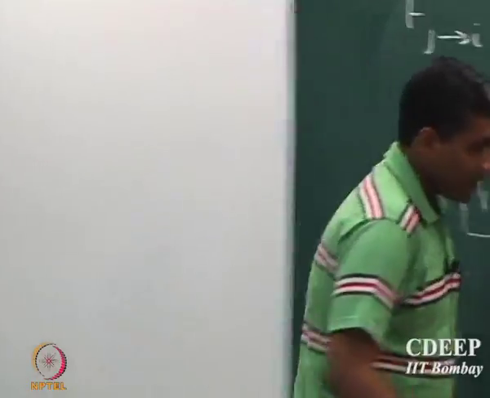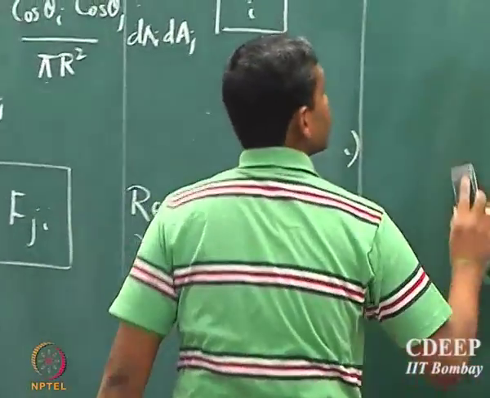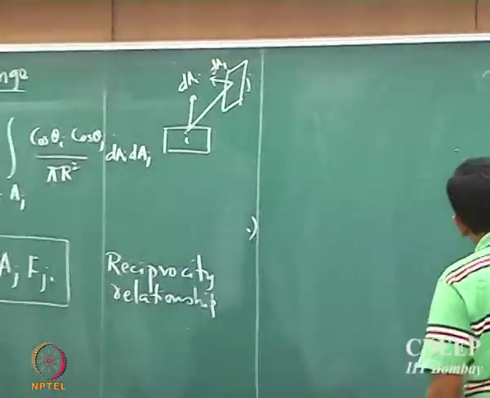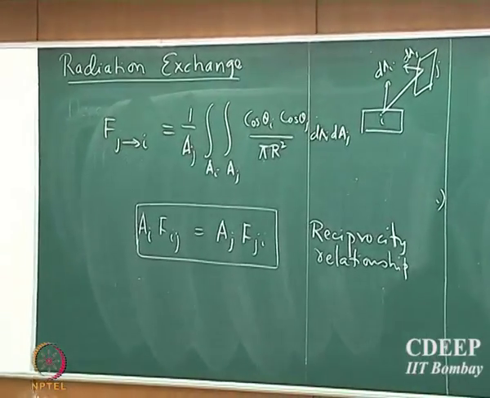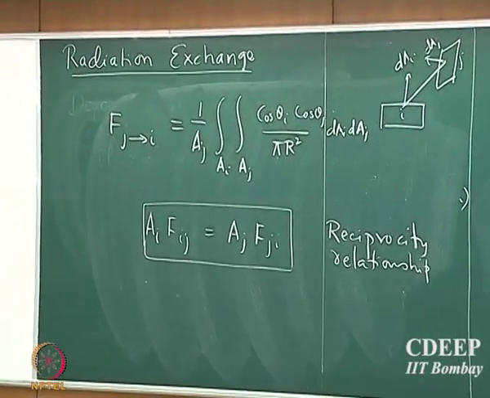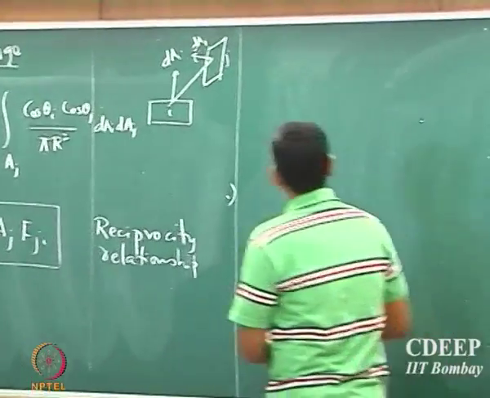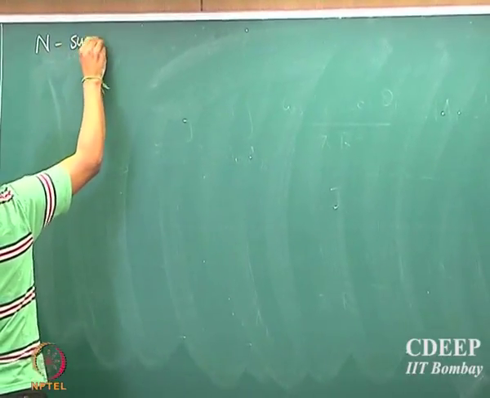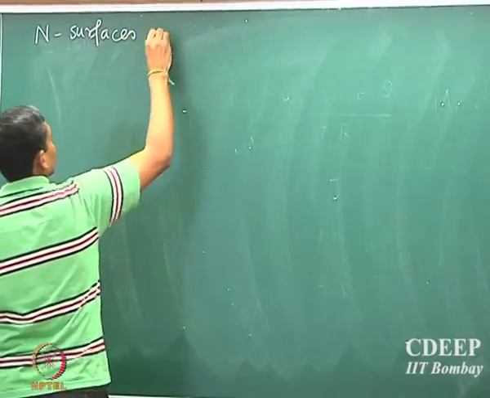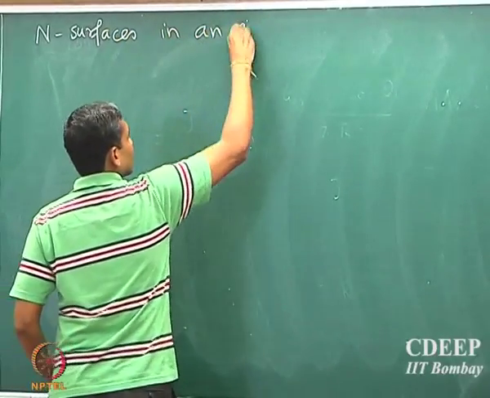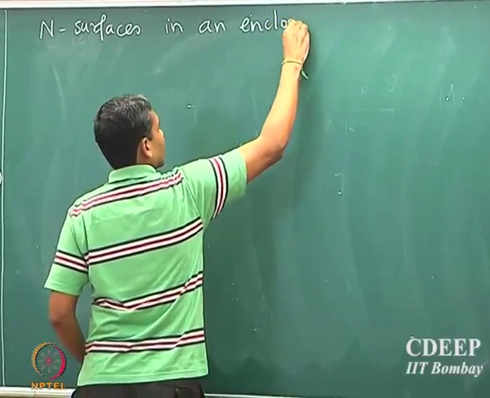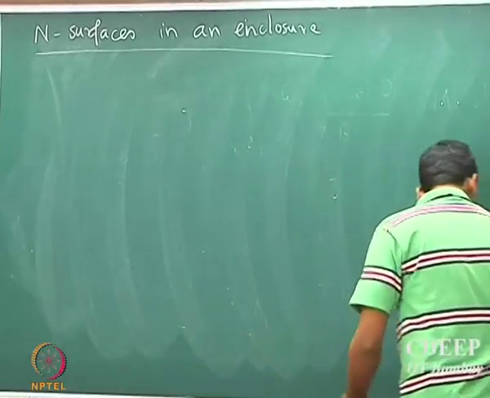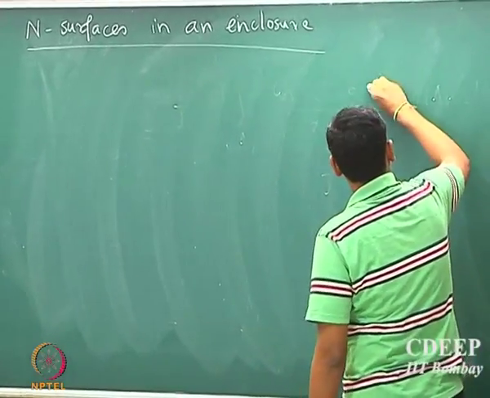Alright, supposing I have n surfaces in an enclosure and it is exchanging radiation.